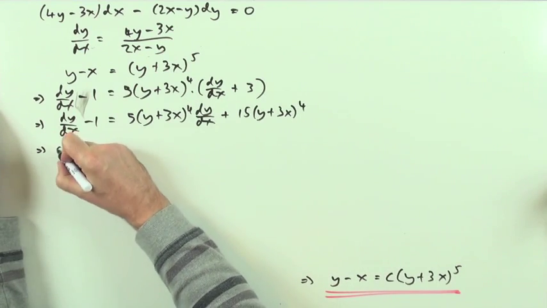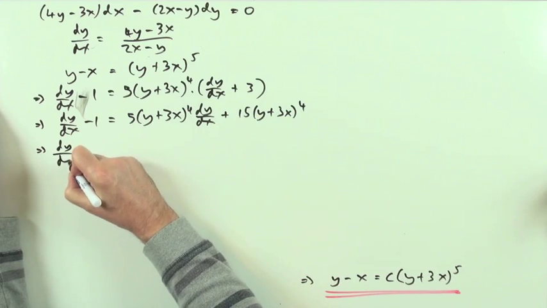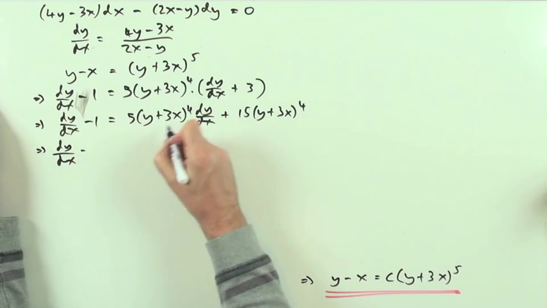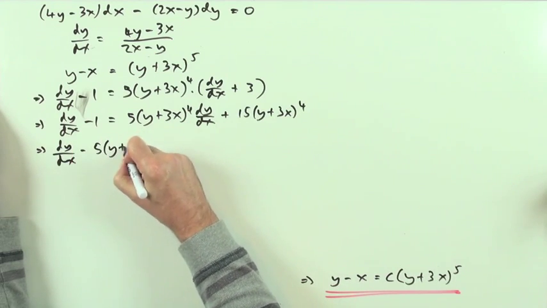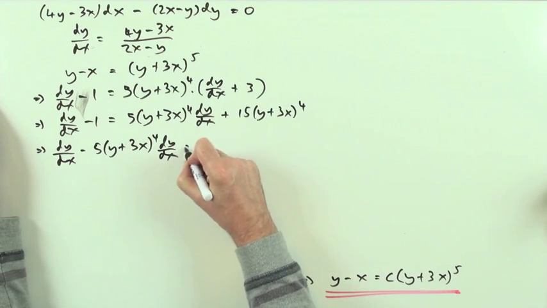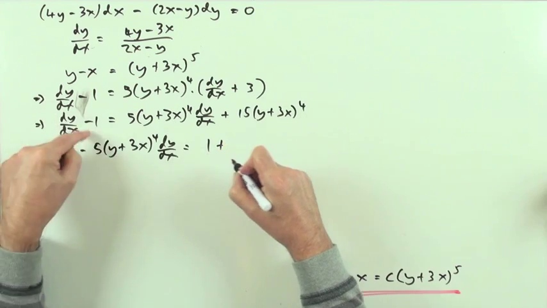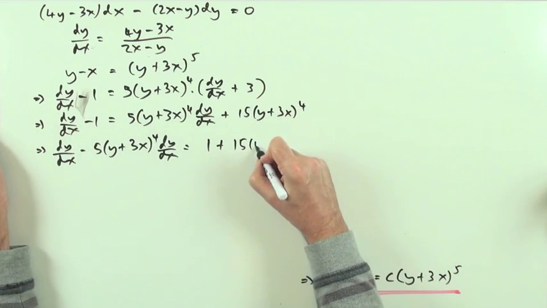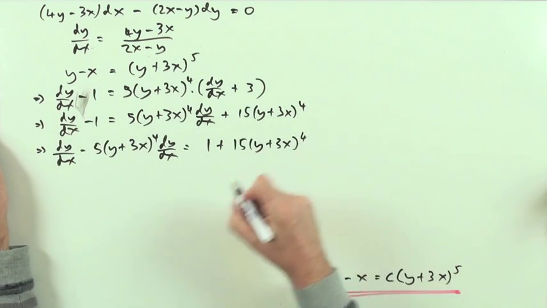So I've got, put my dy by dx's together on this side. I've got dy by dx minus this. I shouldn't really have written this line out because I could have gathered it at the same time, equals 1 plus that, y plus 3x to the 4.